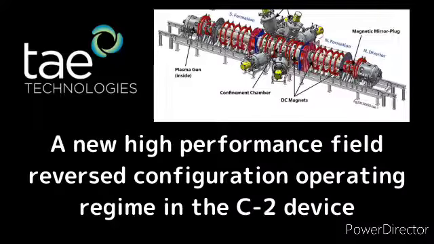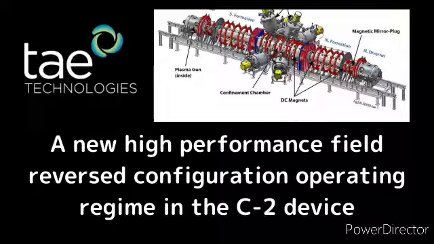Typical C2 equilibrium FRC parameters are: t equals 0.3 millisecond, separatrix radius R approximately 0.4 meter, separatrix length L approximately 3 meter, external magnetic field B approximately 1 kilo-Gauss, average density n approximately 4 times 10 to the 19 power per cubic meter, deuterium temperature approximately 0.5 keV and electron temperature approximately 0.2 keV.